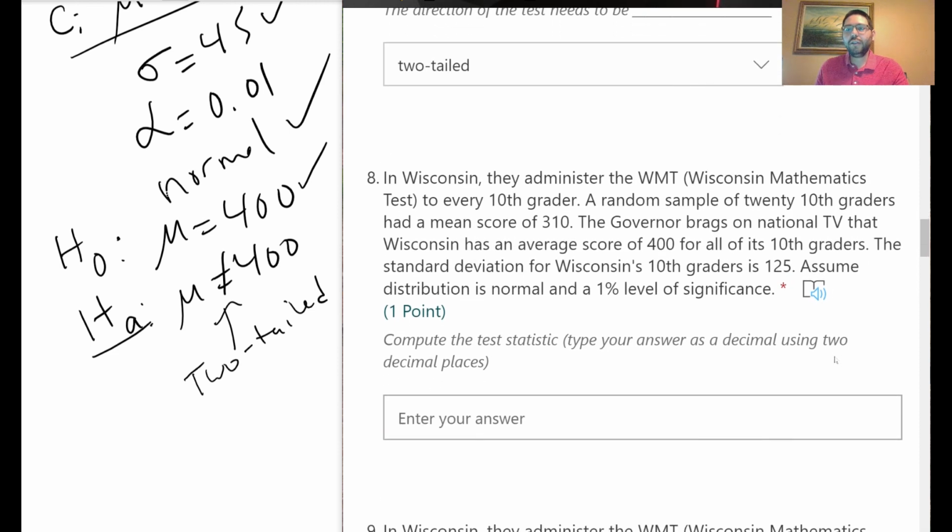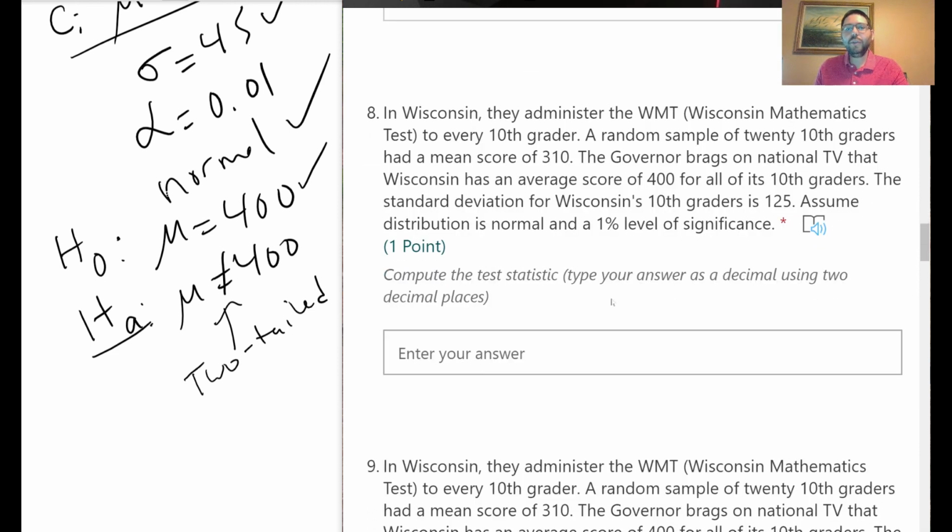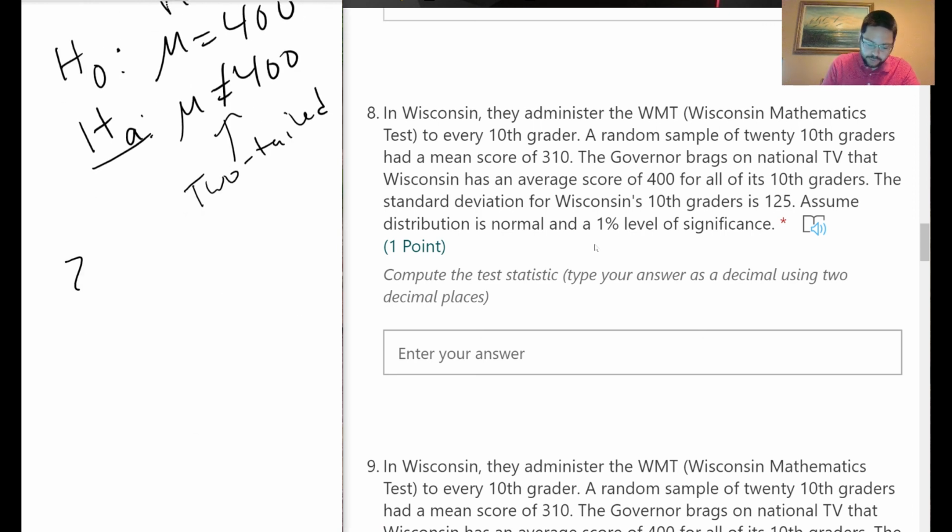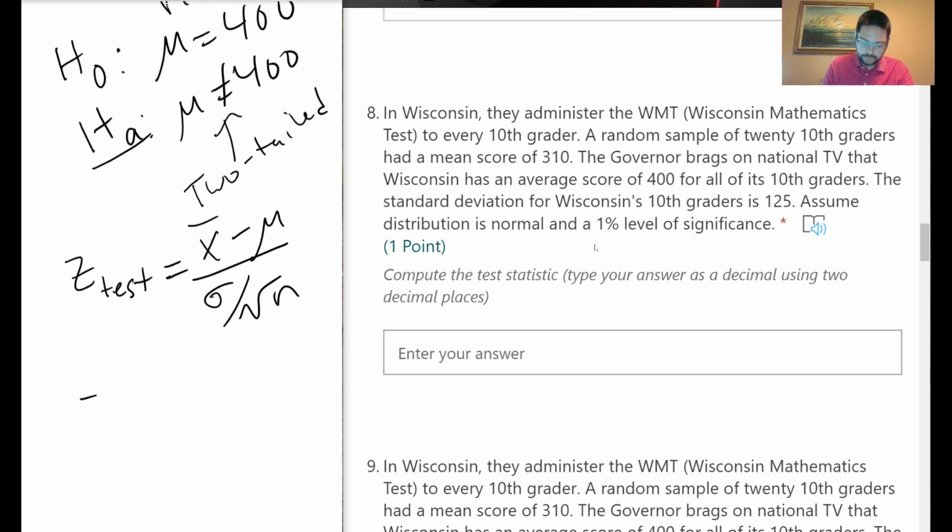All right, in Wisconsin, same thing. Compute the test statistic. So we're going to go ahead and compute the test statistic. That's going to be the z-test. So z is equal to, remember the formula? x bar, we said, was the mean score of 310.